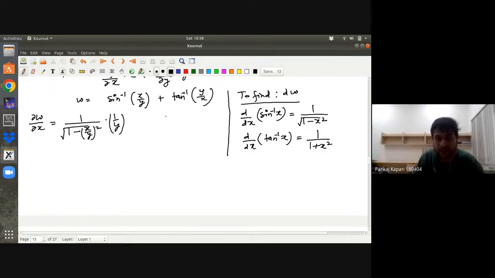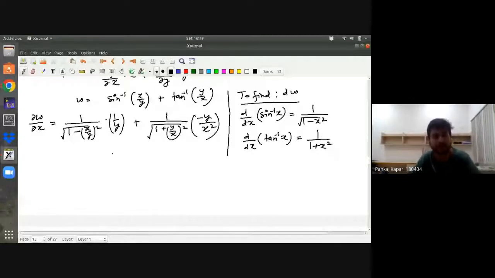For this we get 1 over 1 plus (y over x) whole square. Now differentiate y over x with respect to x, and that will be equal to minus y over x square. This is our partial derivative of w with respect to x.